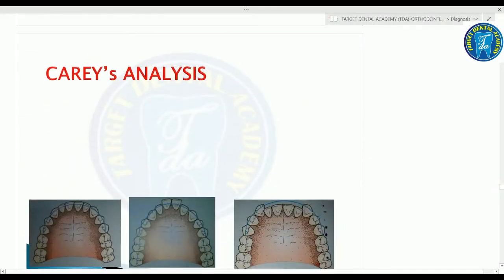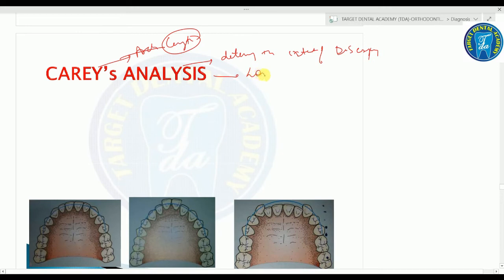Fine. So starting with Carey's analysis. It usually helps in determining the extent of the discrepancy, and it is related to the arch length. Please note it down, arch length, don't get confused. Carey's analysis is performed on the lower cast, and if it is performed on the upper cast, then it is called arch perimeter analysis.